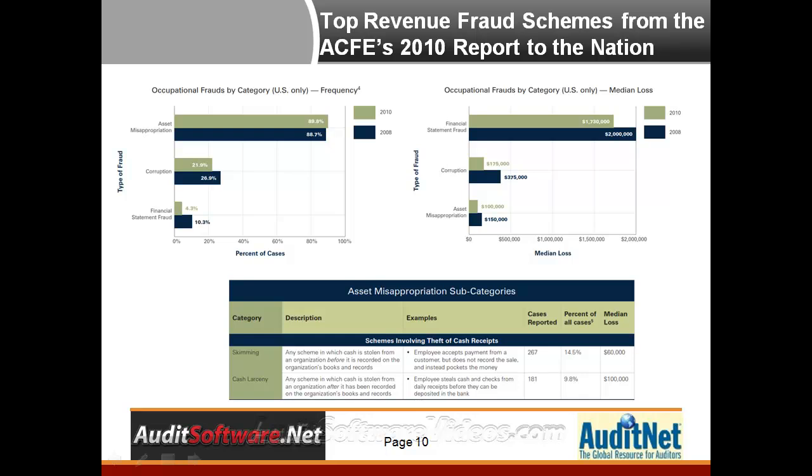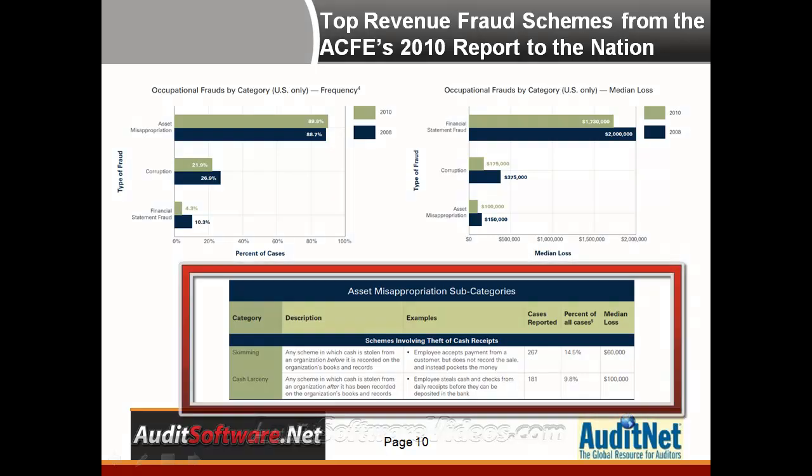But anyway, when we look at those asset misappropriation schemes, they don't really break out financial statement fraud for revenue in this study, the report to the nation that the certified fraud examiners put out, but they do track asset misappropriation. You can see there that they've tracked skimming and noted that 14.5% of the time people are stealing money from revenue, of all the cases reported.